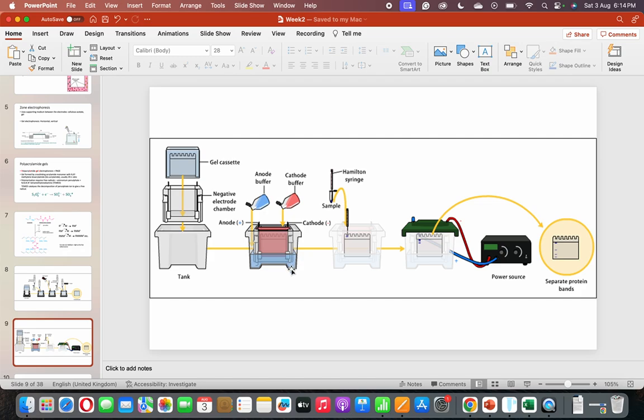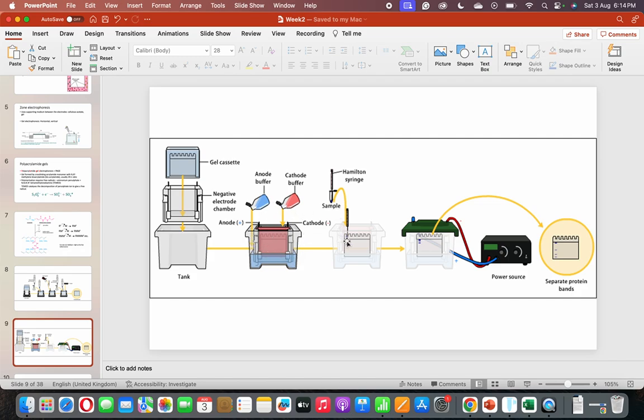In vertical electrophoresis, we can use two different buffers, one near the cathode and one near the anode. For some purposes we have to use two different buffers, but for most SDS gels we use a single buffer called a Laemmli buffer. We use a Tris-glycine buffer to run most SDS gels.